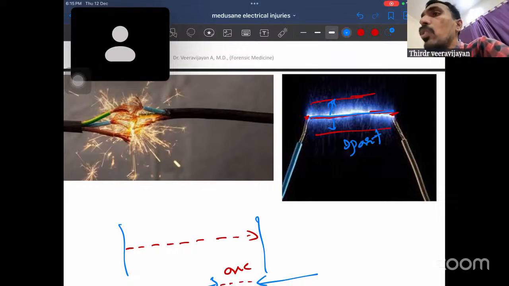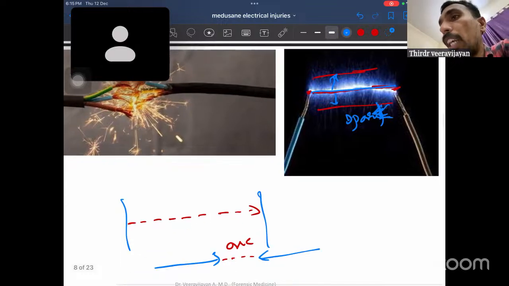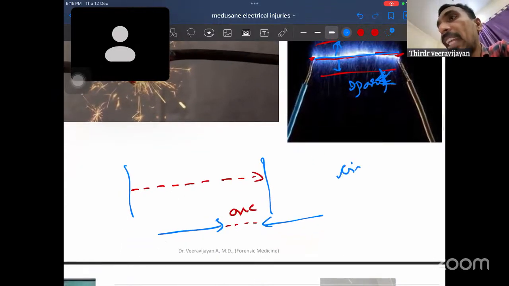Sometimes due to electricity, our body or the clothes the victim wears gets ignited and it burns. That is known as flame. So we have to understand here what is electrical circuit, electrical arc, spark, and flame.